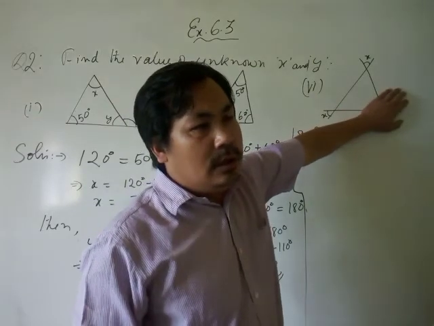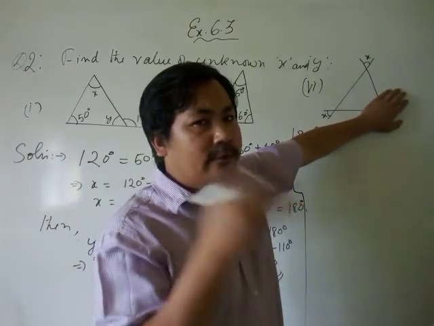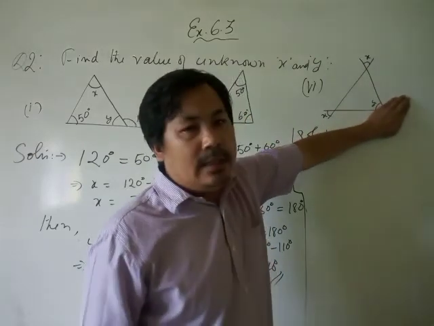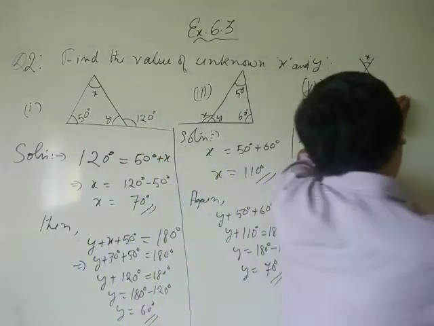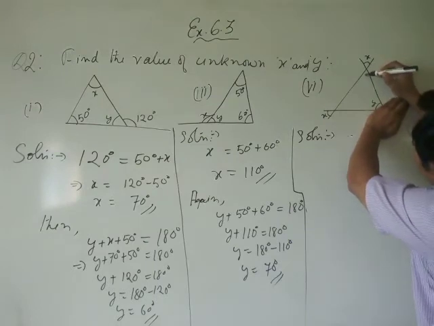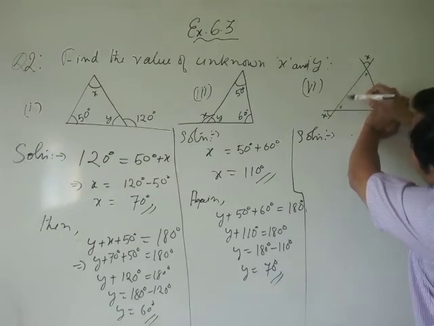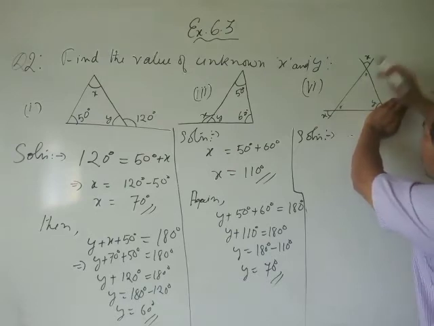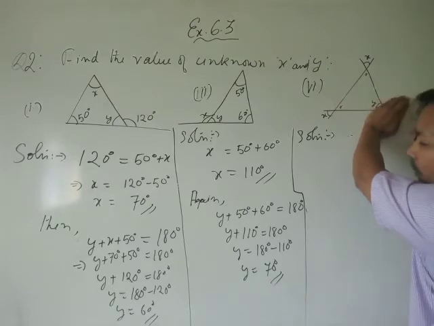Don't put your focus here. Forget about this. But you think that one angle is given as y, but what will be the angle here? The angle here also will be x. Because vertically opposite angle are same, so you must think that these two angles also will be x.